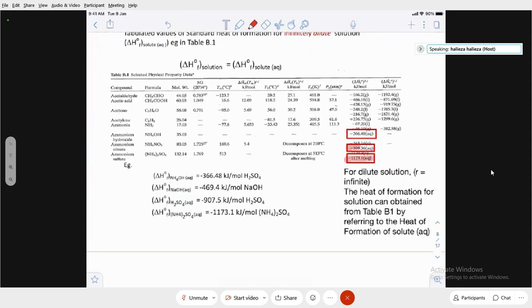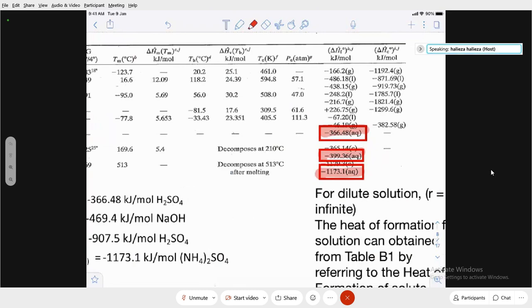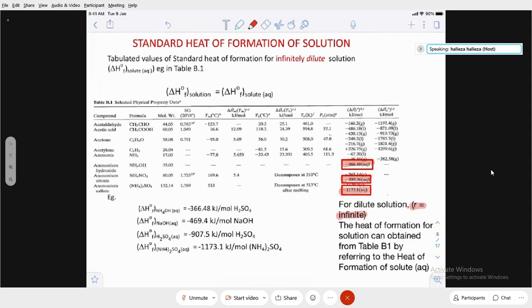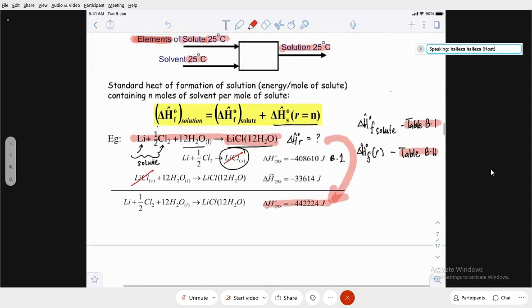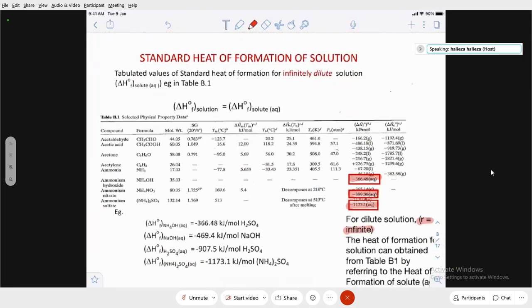There's another one: the heat of formation of the solution at infinite dilution, where R equals infinity. You can get it directly from table B1 instead of using the equation here.